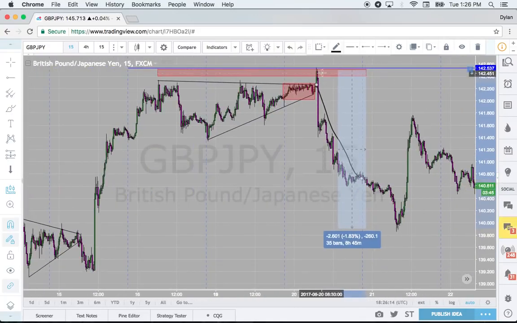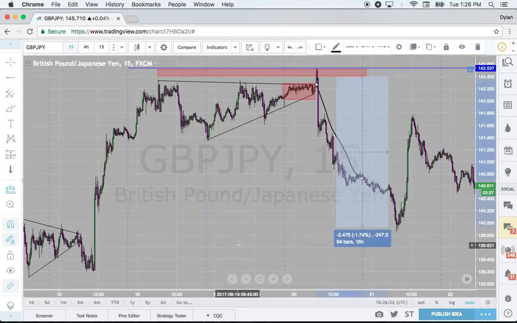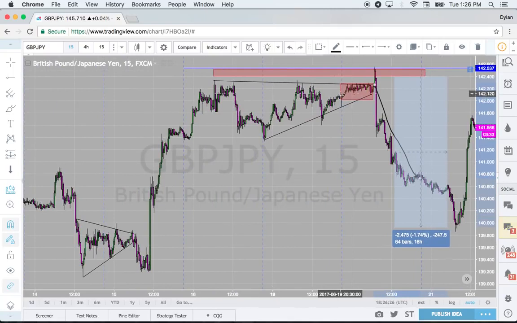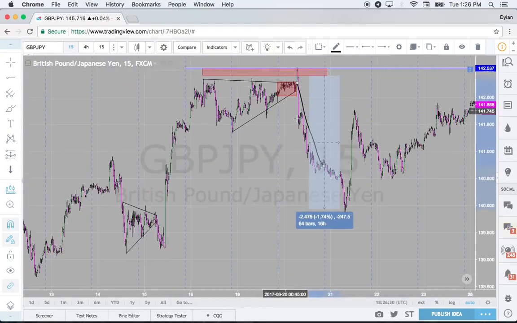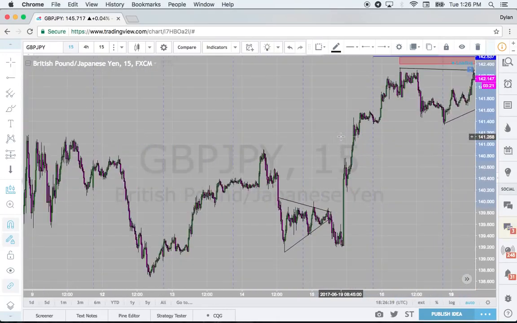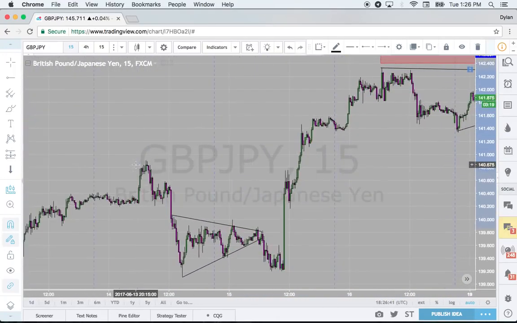This trade, you could have had a 15 to 25 pip stop loss and then a few hundred pip take profit. The larger the wedge and the larger the breakout, obviously the larger the move, the larger the profit margin you will have available.